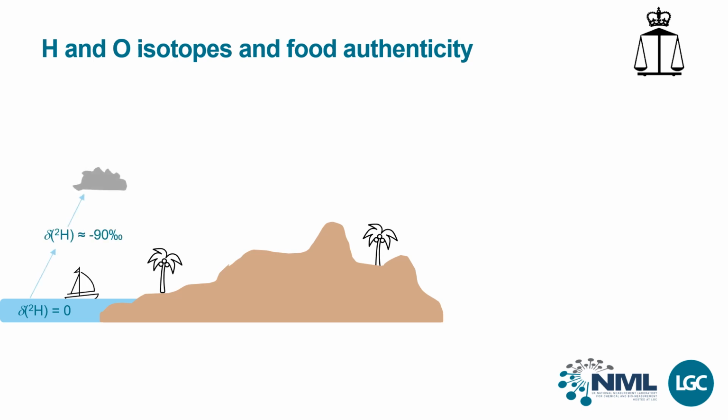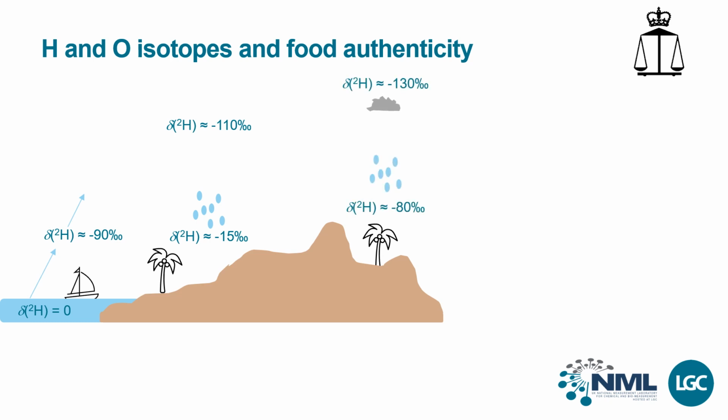Recalling that evaporation of water is a fractionation process where lighter isotopes evaporate preferentially to heavier ones, the rainfall cycle causes a decrease in heavier isotopes. Reiteration of the cycle as distance from the oceans increases augments the differences, causing an isotopic gradient from coast to inland areas, and this is called the continental effect.